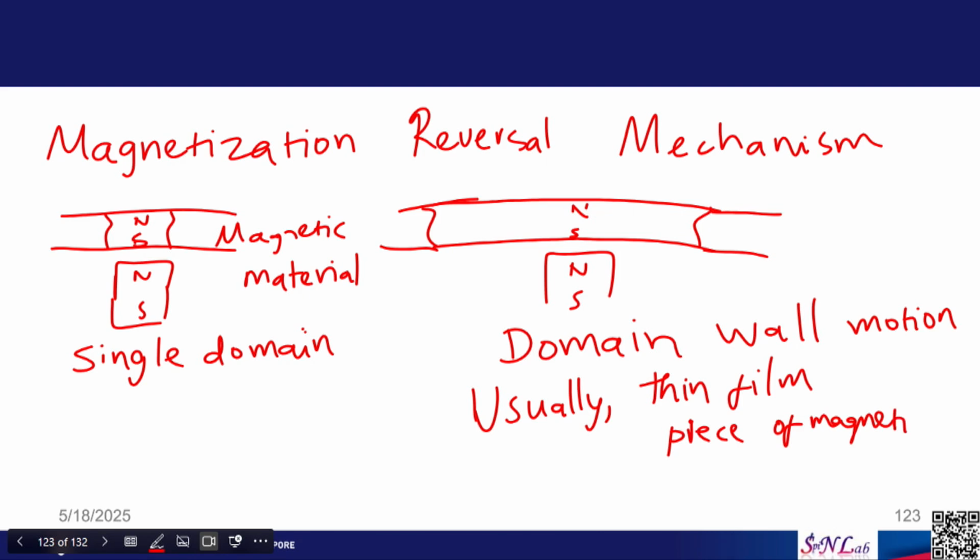Okay, so in all these cases usually you will find this domain wall motion reversal mechanism. So, this is the usual case. Okay. Quite often you will end up seeing this one.